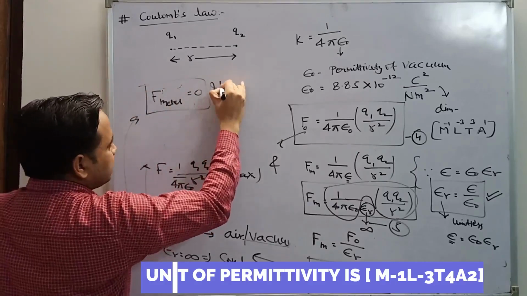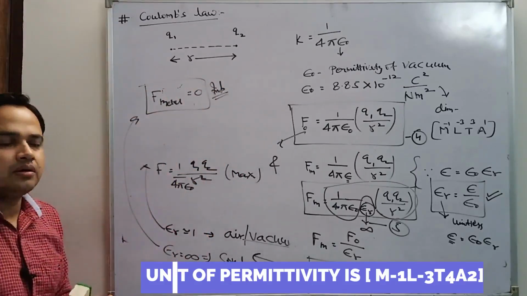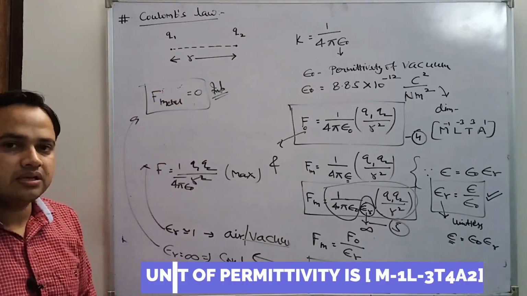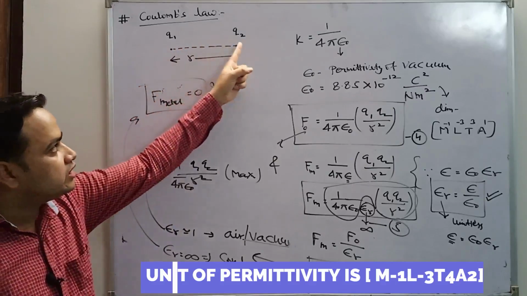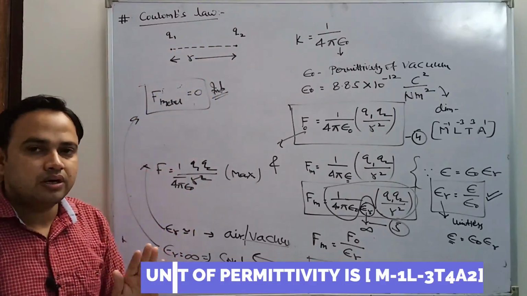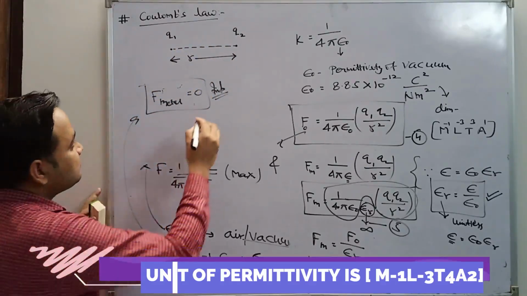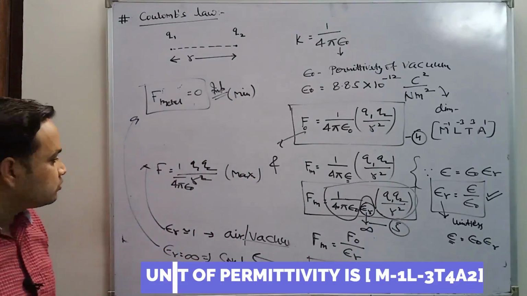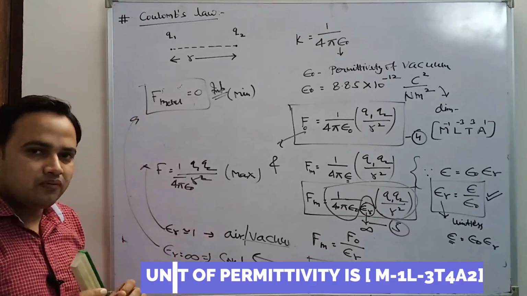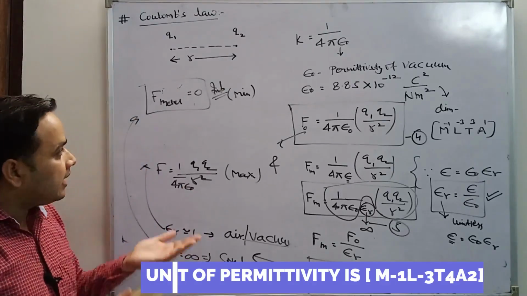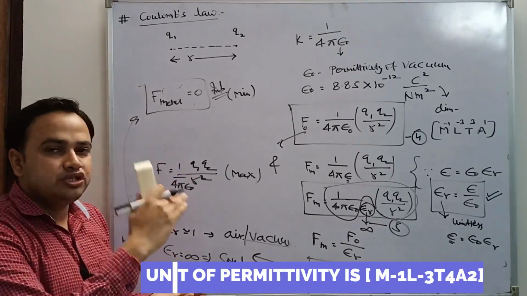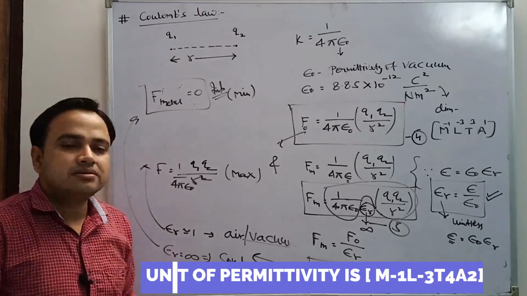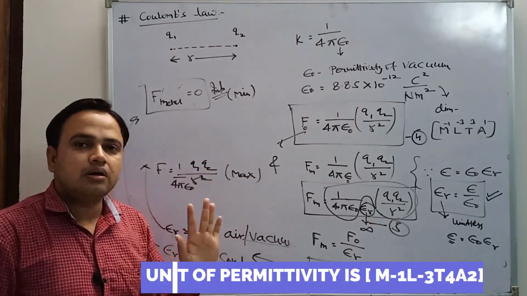Very important point. If the medium is a conductor or metal, then the force between these two charges is always equal to 0. So we can say it is minimum. Clear? So the force between these two charges is maximum when there is no medium or air, and the force is minimum or 0 when the medium is a conductor or metal.